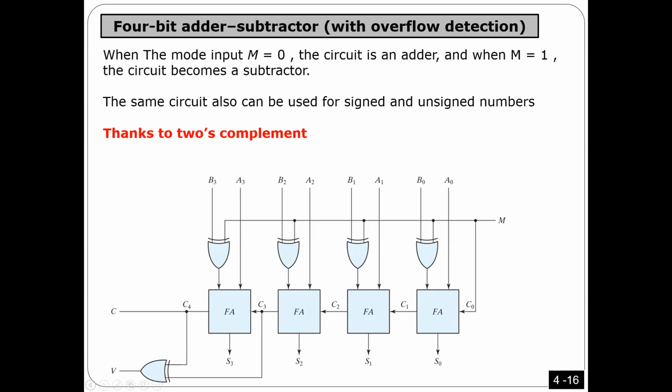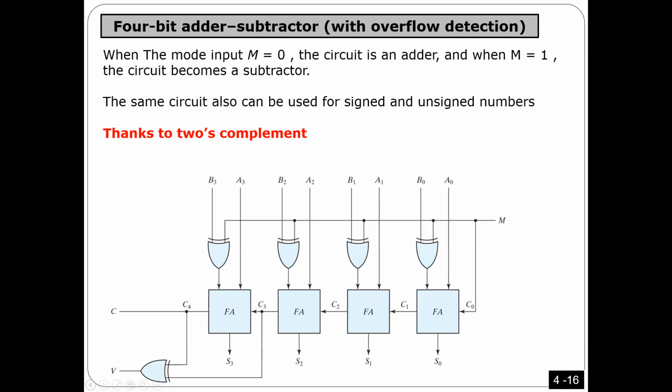Because of the 2's complement, I can do add and subtract. So this circuit is very interesting. Why? Because this circuit can do addition and subtraction for signed or unsigned numbers. So one circuit can be used for signed or unsigned numbers, adder or subtractor. I'm going to tell you how.